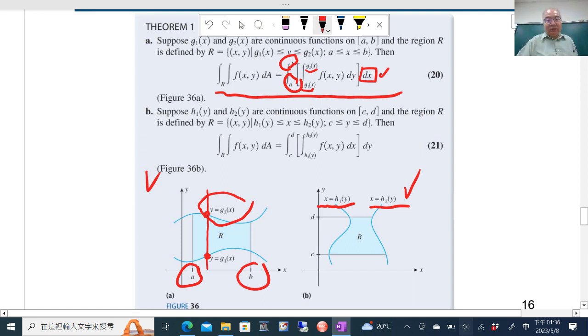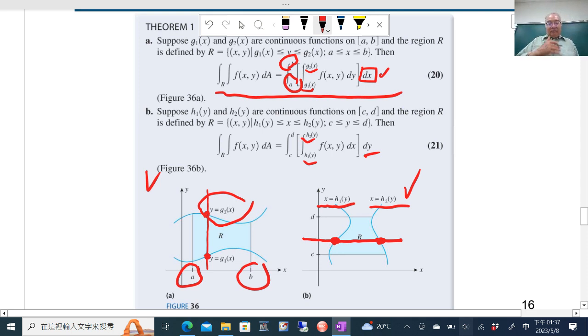In that situation, we are going to use the order dx dy, number 21. Fix y first, and then x will be integrated from the left to the right. Left is h1 of y, right is h2 of y. So the integration will be from h1 of y to h2 of y.